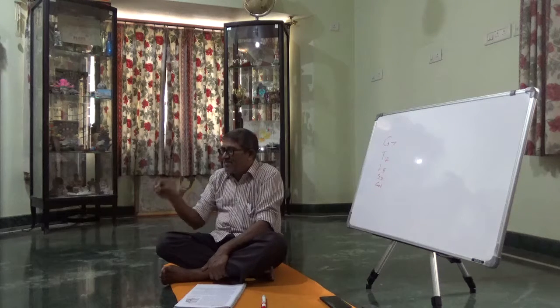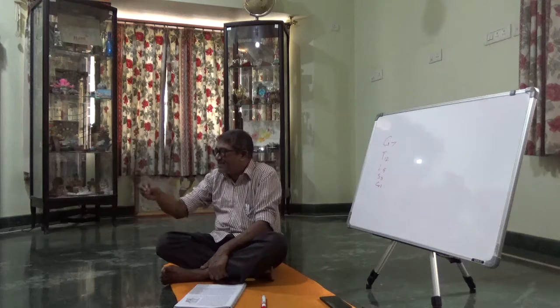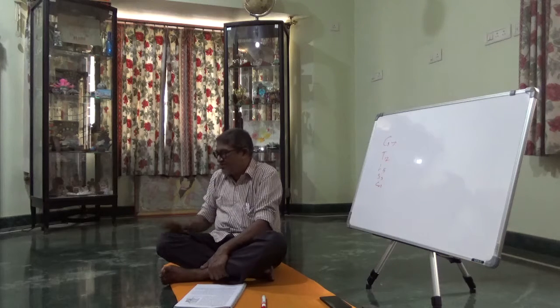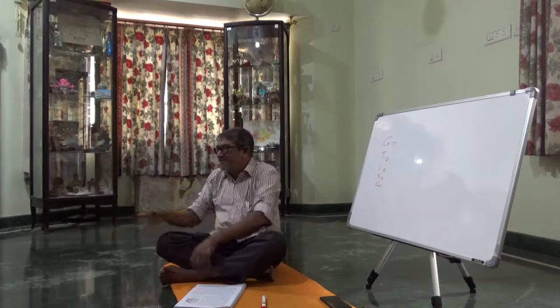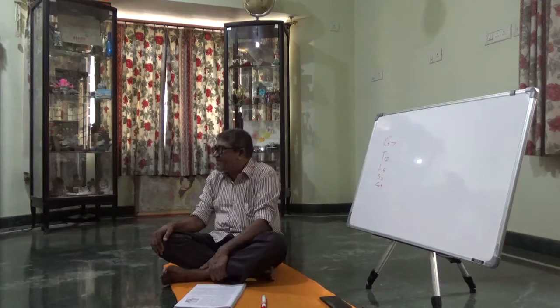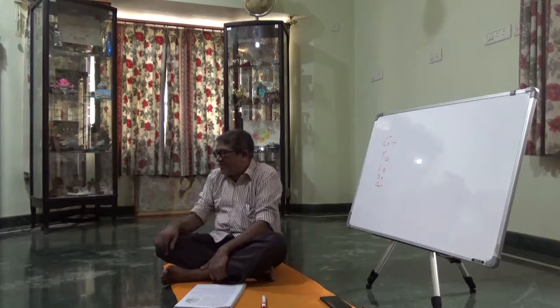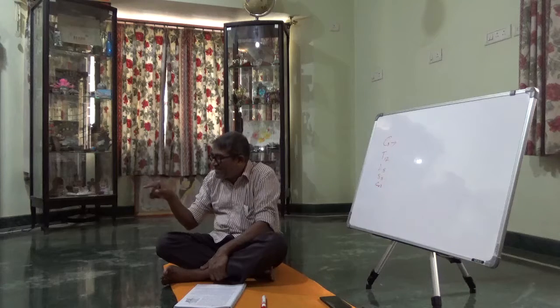So you know, nowadays calcium is a very important thing. Everybody talks about bone pain and arthritis, all those things. Even a common man knows that you take something which is rich in calcium to get the bones stronger. So where is calcium stored? In the bone marrow.